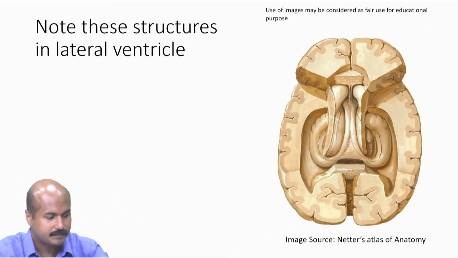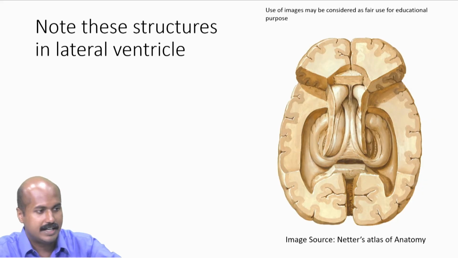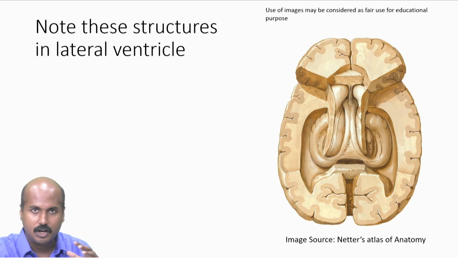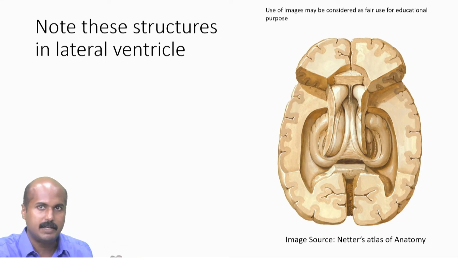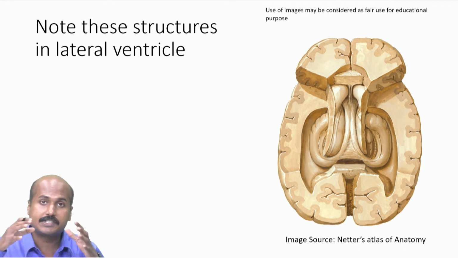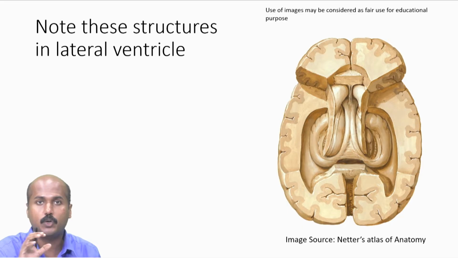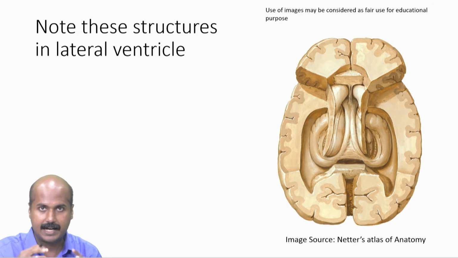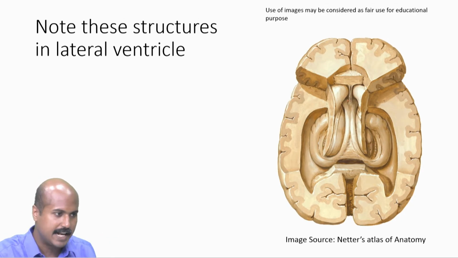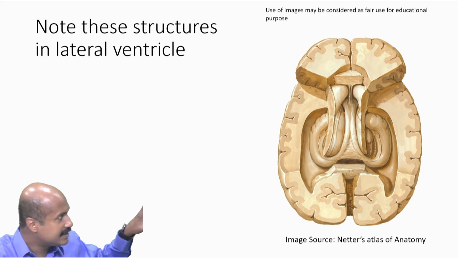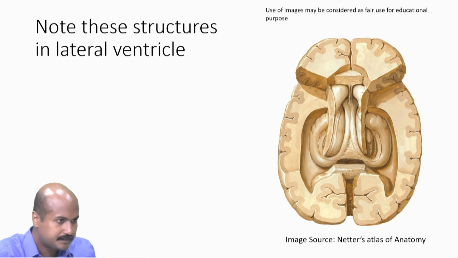Okay, now let us have a sectional view of the brain. This is a complicated dissection, but this is showing very important nuclear groups that are related to the lateral ventricle when you do this kind of dissection in the brain to expose the relations of the lateral ventricle. So let me just get you oriented to this picture.